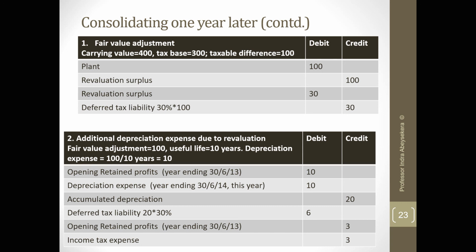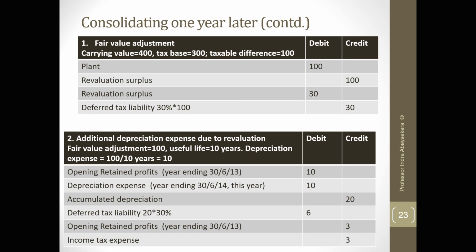One is the current year, the other one is the previous year. So the depreciation expense for the current year is recorded as depreciation expense. But the depreciation expense relating to the previous year is now in the opening retained profits. So we need to decrease the opening retained profits by that depreciation expense.